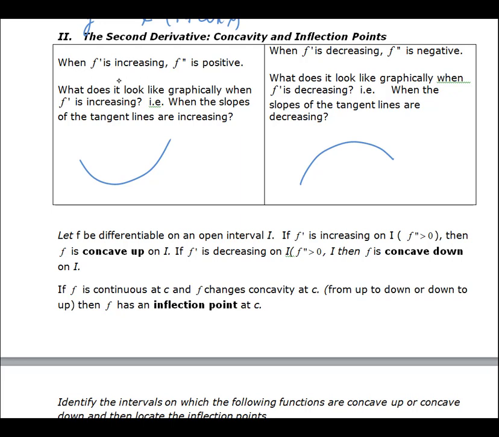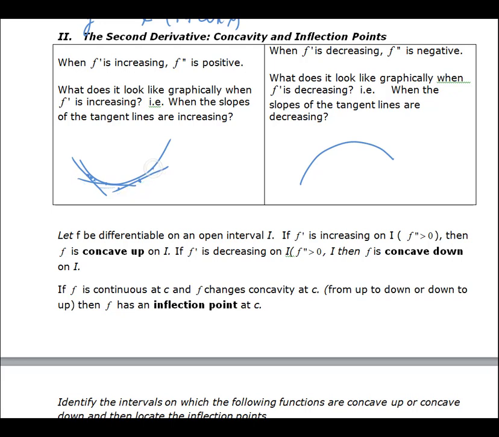So let's look at when f prime is increasing. What we're basically saying is that the slopes of the tangent lines are increasing. So think about this. When you look at this piece of a function, I've got a tangent line to the left that is negative. I draw another tangent line that's less negative. It's still negative, but it's less negative. At some point here it's 0. Then it's positive.